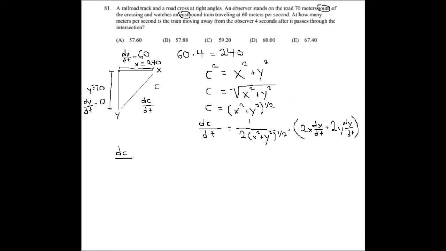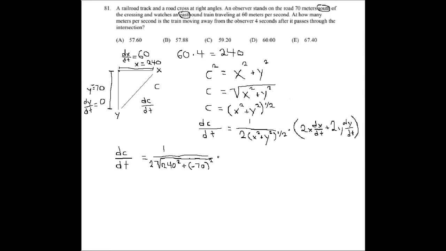So dc/dt at this specific point after 4 seconds is going to be 1 over 2 times the square root of x squared, so 240 squared, plus y squared, which is negative 70 squared.